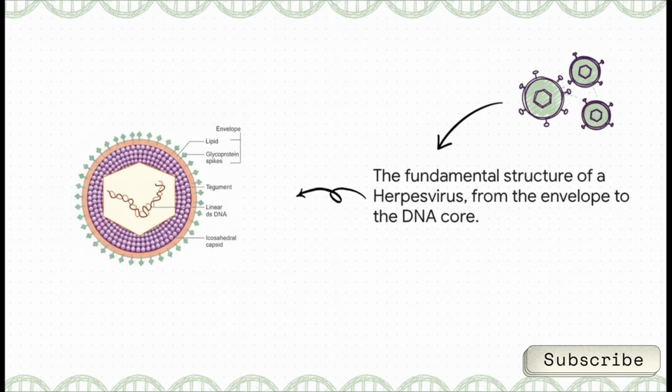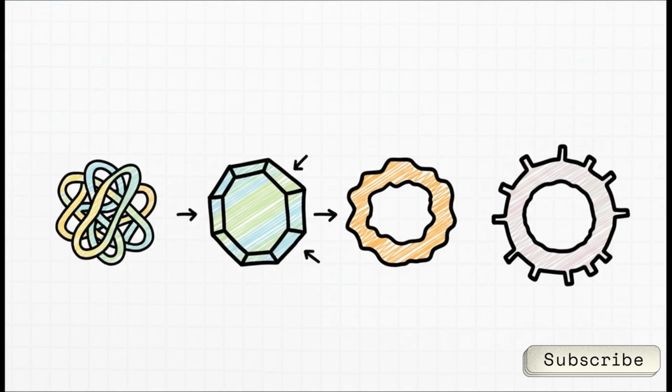High yield, right? So let's break this down, kind of peeling it like an onion from the outside in. First, you've got the lipid envelope, and it's studded with these glycoprotein spikes that help it latch onto our cells. Just beneath that, you find this kind of unstructured layer called the tegument. Inside that, you have the super strong geometric icosahedral capsid, and right at the very heart of it all is the genetic material, a linear, double-stranded DNA core.